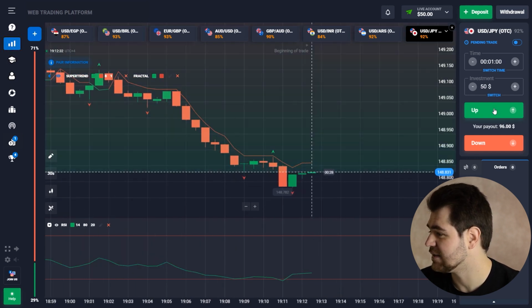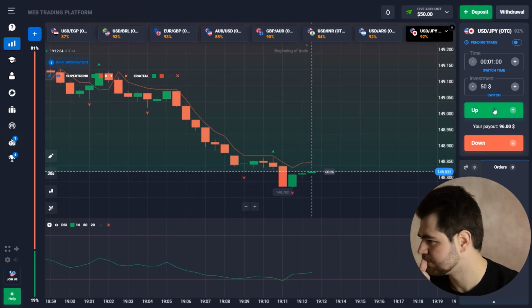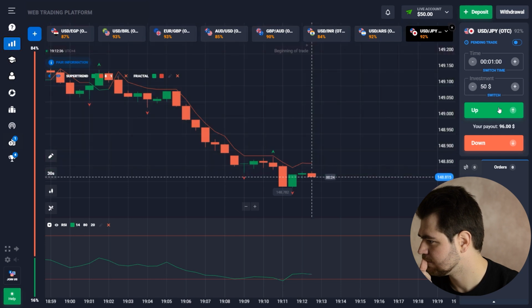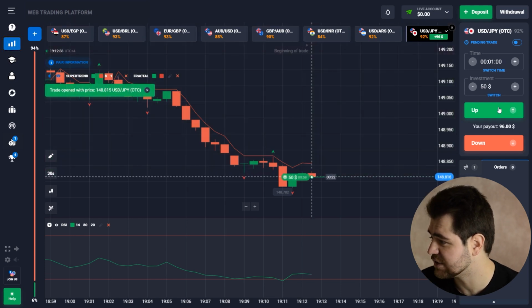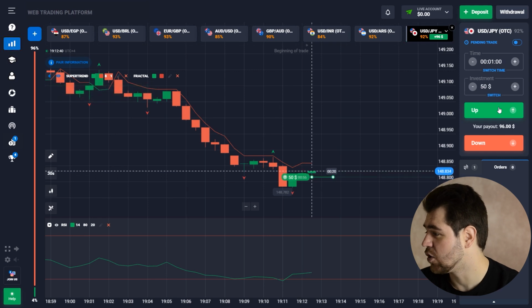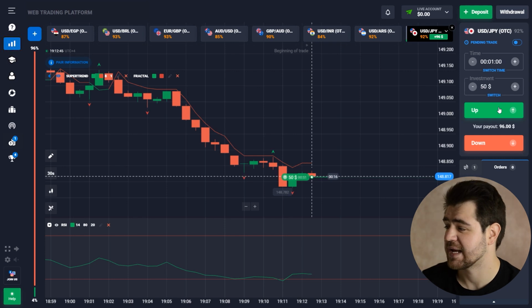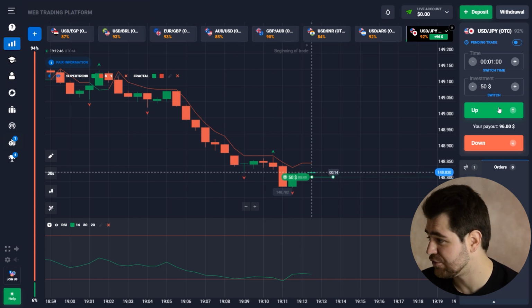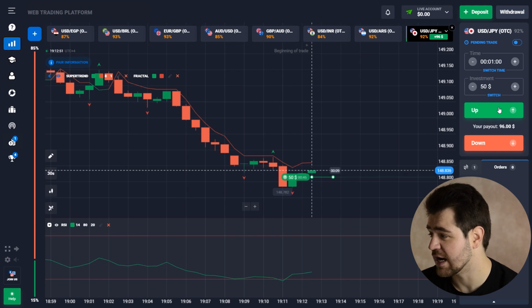I'm expecting, let's go with $50 with the call option here, because I'm expecting this to go through the super trend line, which is acting a bit like a resistance there.